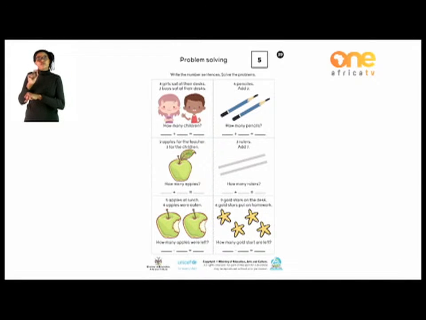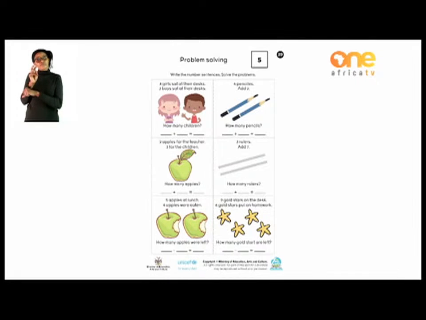Let's look at the pencils. There are 6 pencils. Add 2. How many pencils? Now, on the first line, how many pencils are there? 6. So on the first line, we will write the number 6.